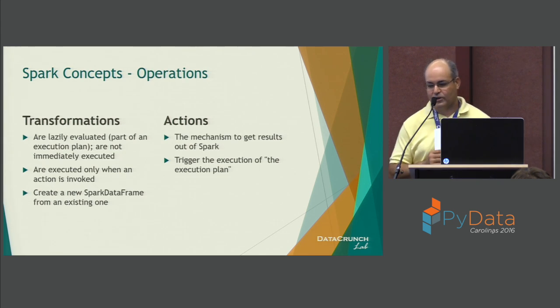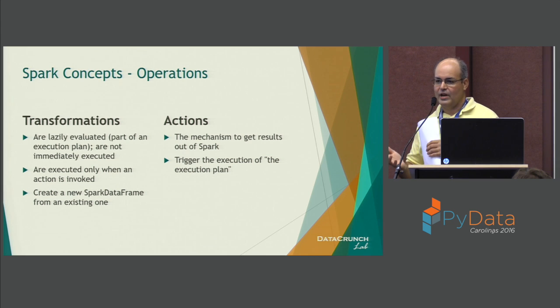As I alluded to earlier, operations in Spark can be classified into either transformations or actions. Transformations are lazily evaluated. What that means is that they're not executed immediately when the call is made, but rather an interaction happens with other backend components that effectively create an execution plan.